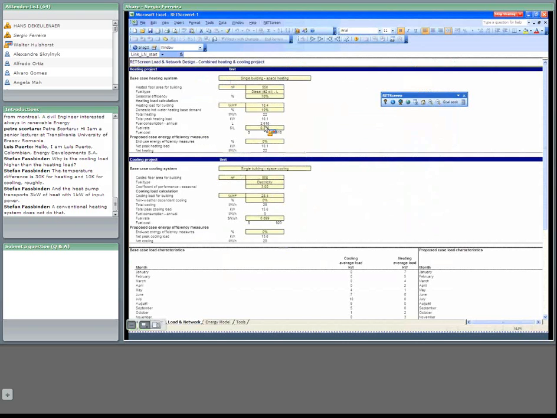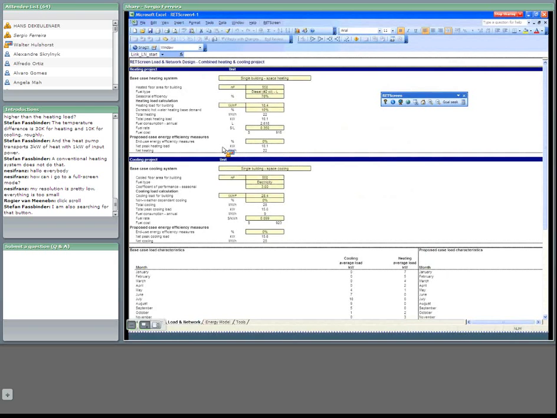We assume that on top of this, there is also a demand for hot water, about 10%. This data that we input automatically calculates the total heating that we need and the peak heating load. We can insert also the fuel rate that will help us calculate our running costs in a later stage.